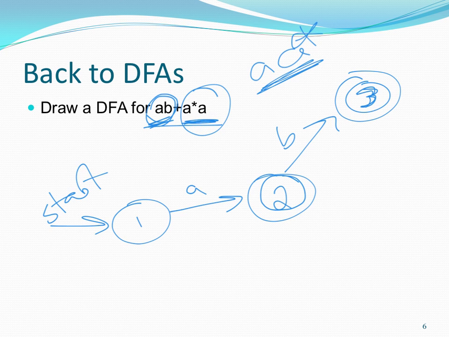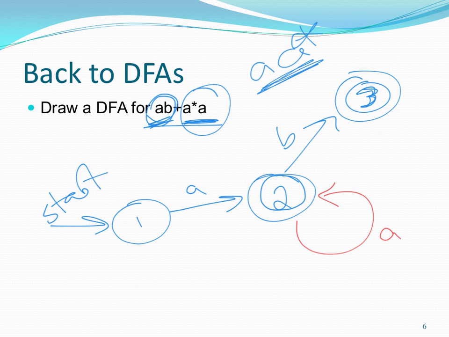What you need to be careful about is we don't want to just put a loop here, because if I put a loop here with that A, that would allow me to have the string AB, which is not in my language. It would certainly accept AA, but it would also accept AB, which is no good. So we've got to get rid of that loop.